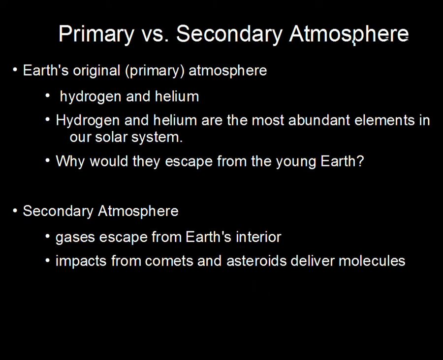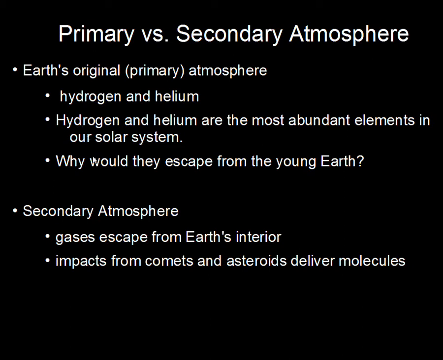Now, the atmosphere we have now was not the original atmosphere of the Earth. The scientific hypothesis is that the Earth formed along with the other planets and the Sun, and at that time, hydrogen and helium would be in the atmosphere of the Earth because those are the most abundant elements in the solar system, and they were lost.